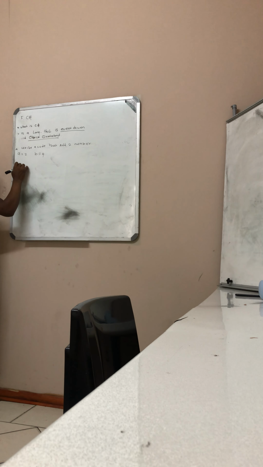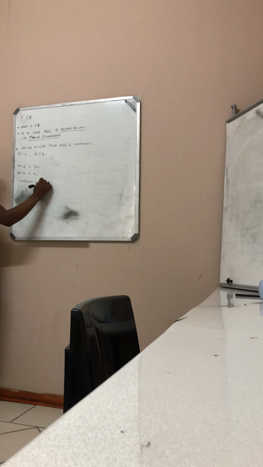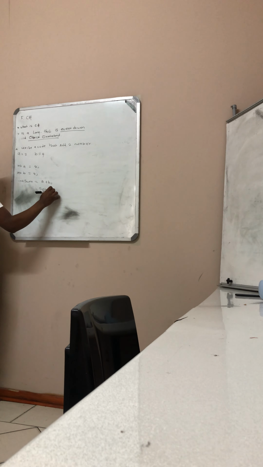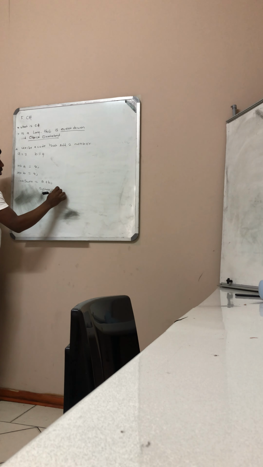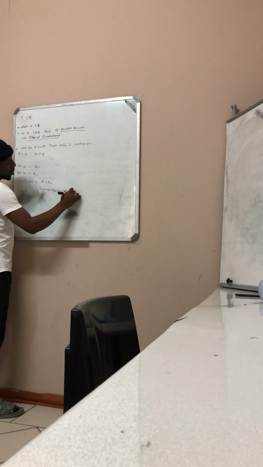You say int A is equal to 2, int B is equal to 4, and then int sum is equal to A plus B. And then you say System.out.println(sum).